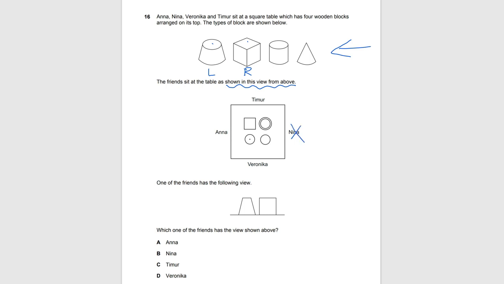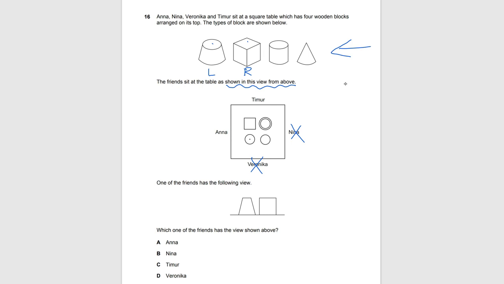Let's try Veronica. Veronica has 2 circles. This circle again is our cylinder, and this pointed circle shape is our cone, where this apex again makes that point shape. So we know our answer is not going to be Veronica based on the fact that the cube is missing and she has the pointed cone on her left, whereas we want the circular cone on our left.